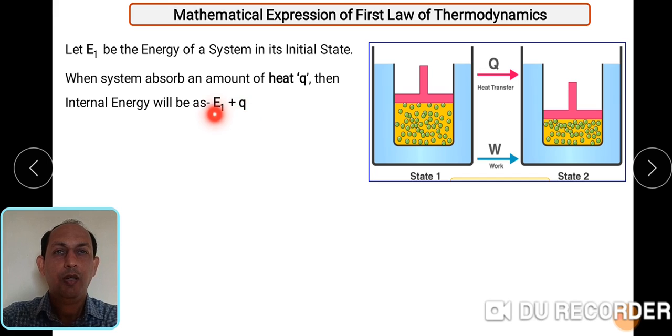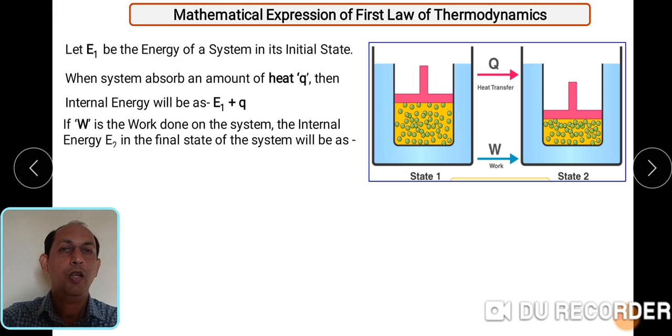So that internal energy will now be E1 plus Q. When this system absorbs heat, a very important phenomenon is going to happen: the system is going to perform work W. As we know, when heat flows, it results in the generation of work. So ultimately the internal energy will be E2 in the final step.